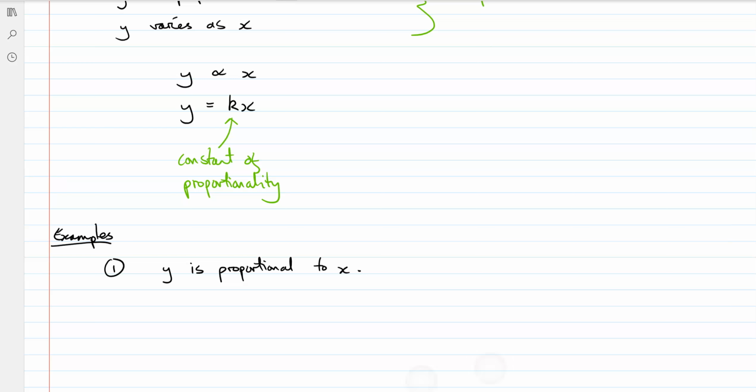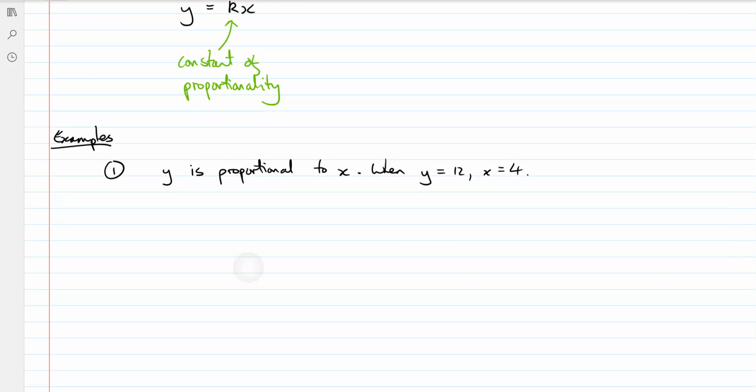So they'll say when y equals 12, x equals 4.